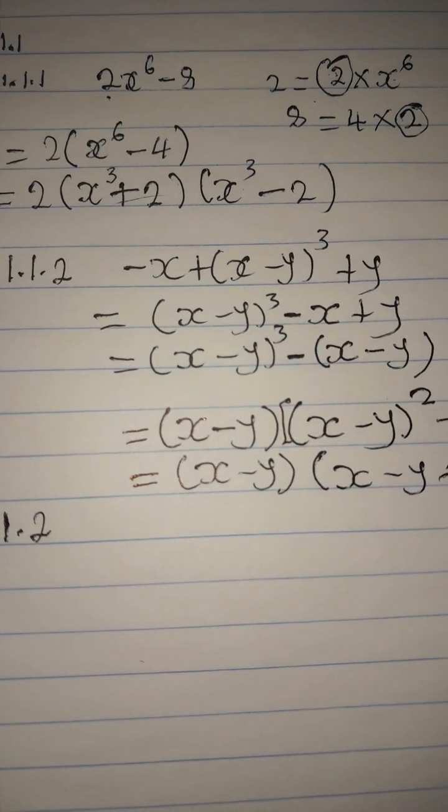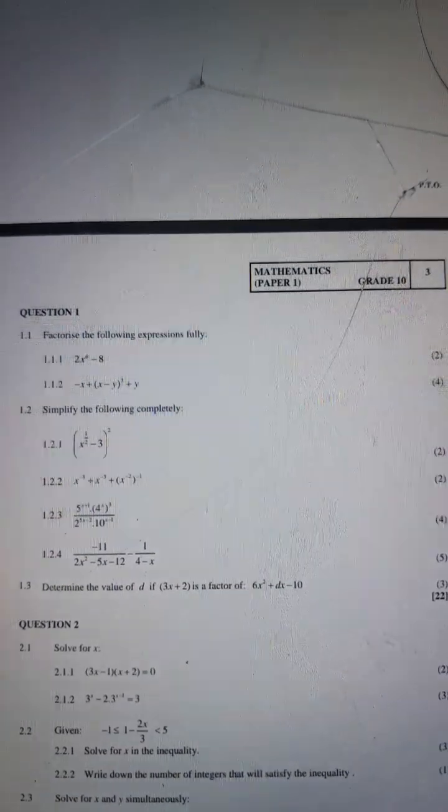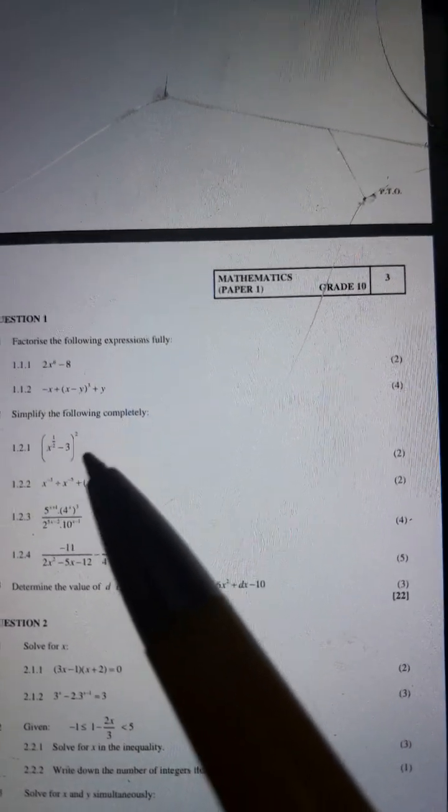Let's look at 1.2. At 1.2, guys, we are required to simplify this completely. So that is x half minus 3 squared. You can repeat this twice, then you simplify. That's 2 marks, guys.